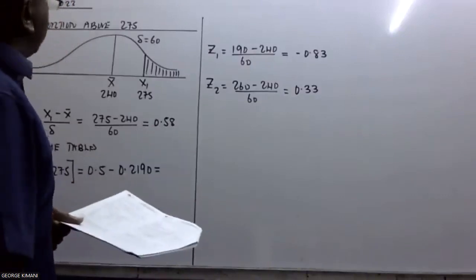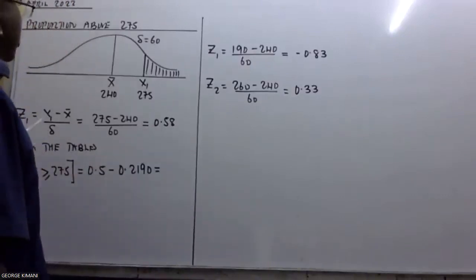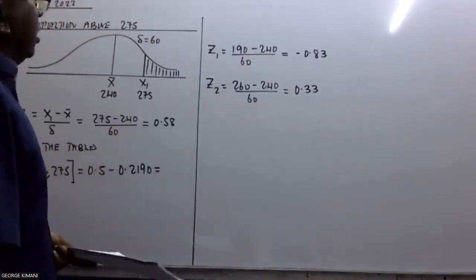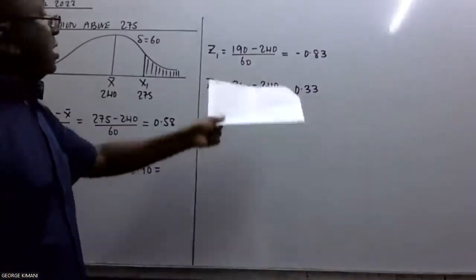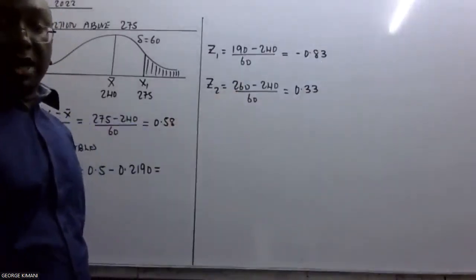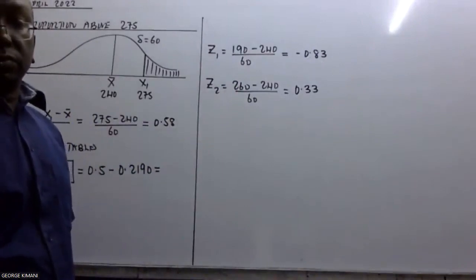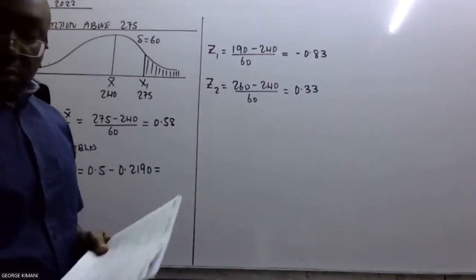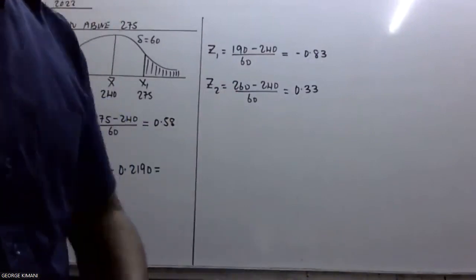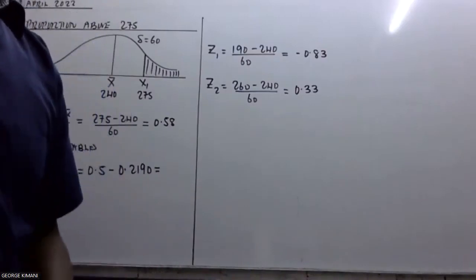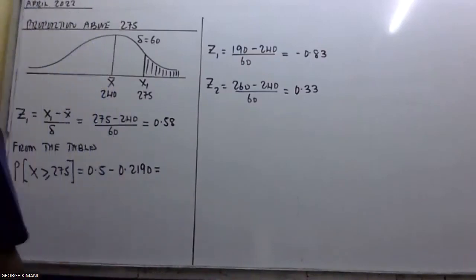So from the tables, now that these were 190 to the lower side, when you read from the tables 0.83, what did you get? Give me the final figure when you combine the two of them.